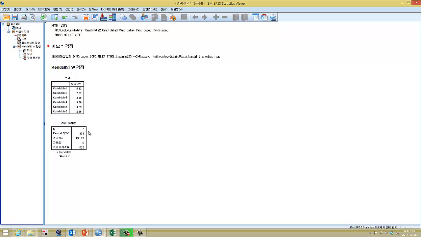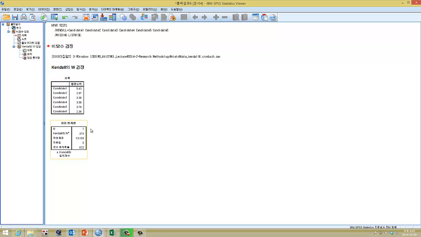But contrary to our expectation, this W value is, in my personal opinion, relatively small. So it doesn't sound very plausible to conclude that there was a strong agreement or even a medium size of agreement.